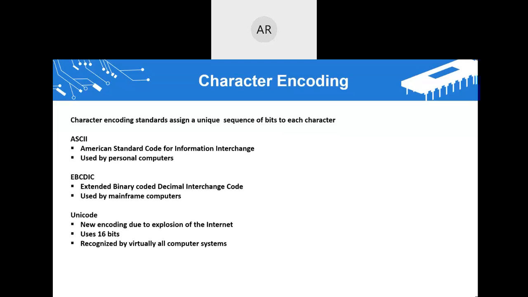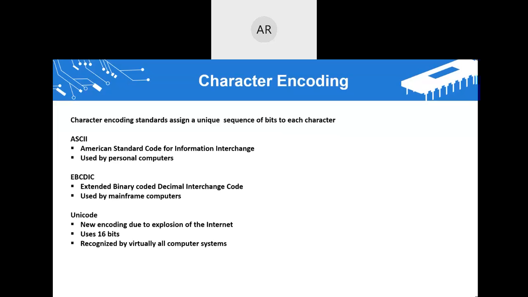Our device, such as a laptop, has this ASCII encoding method. For example, I push the A button on my keypad, the S button, the D button. Our laptop doesn't interpret it directly as letter S or letter D. It will interpret it with American Standard Code for Information Interchange first.